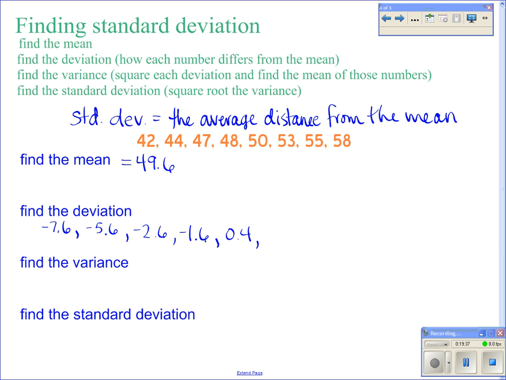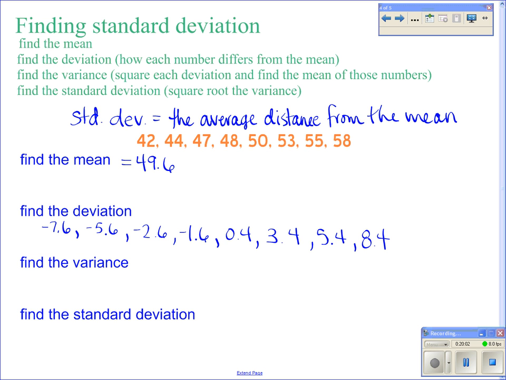Next one. Is it 3.4? And then 5.4? And 8.4? Okay, so we found the difference. That's how far away each of those numbers is from the mean.